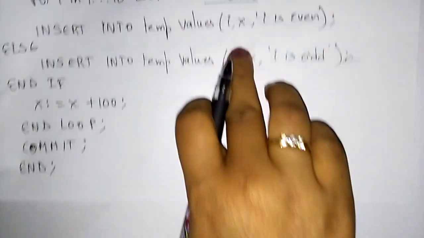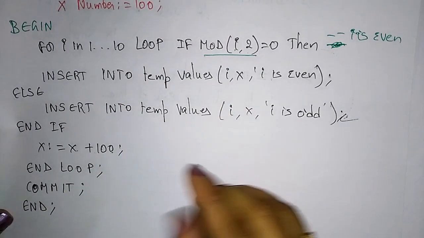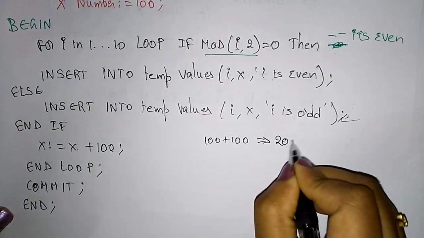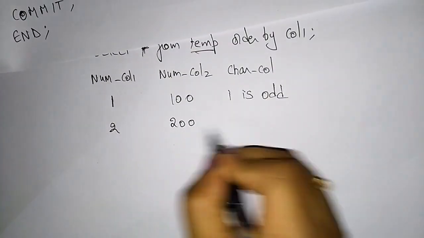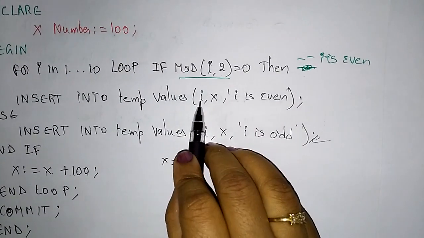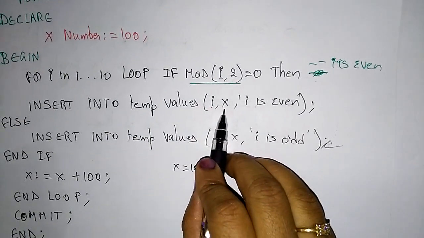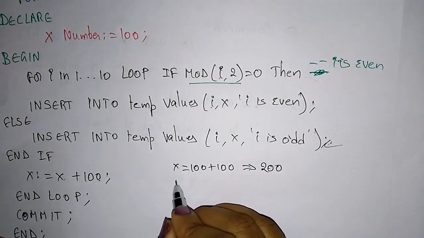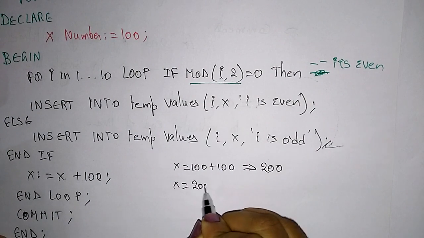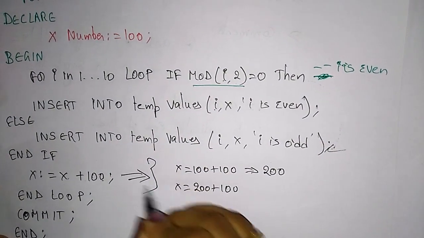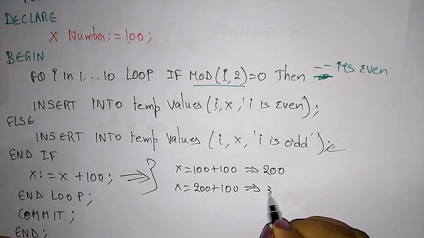Num column x, what is the x next? It is incremented, so 100 plus 100, now x is 200. Here it prints 'I is even'. So I is 2, x is 200, and it prints 'I is even'. Now x is incremented to 200 plus 100, executing these steps, x is 300.